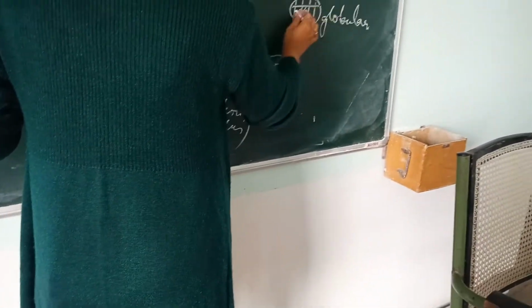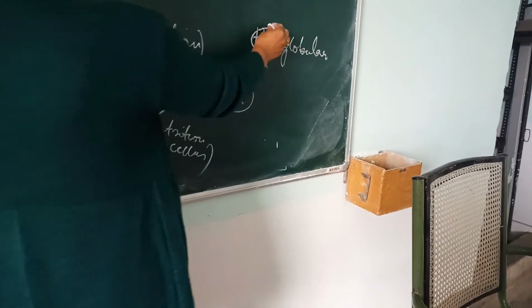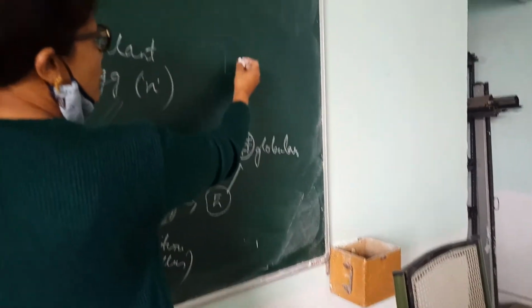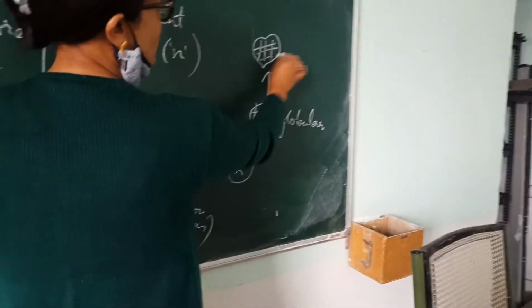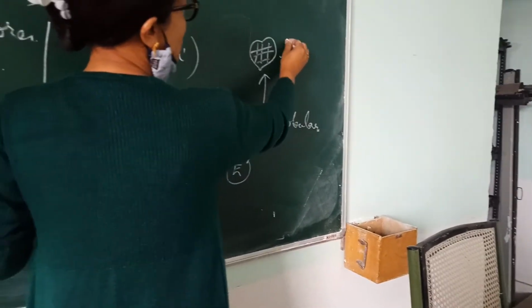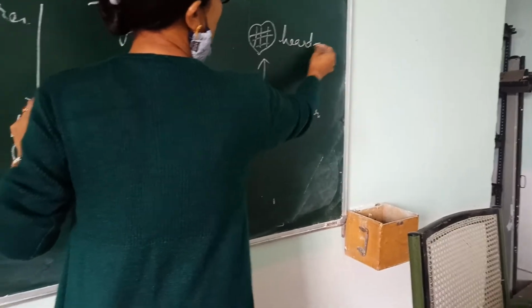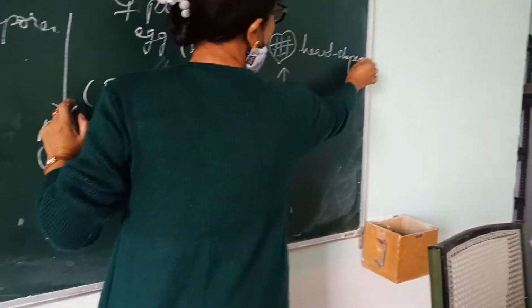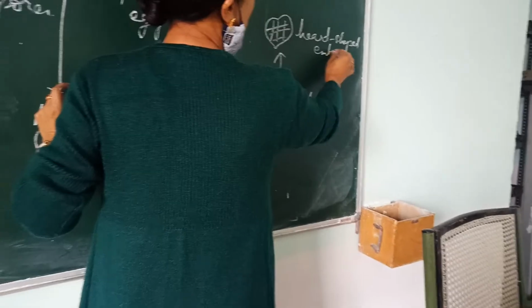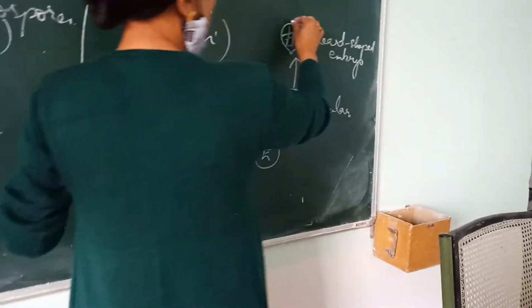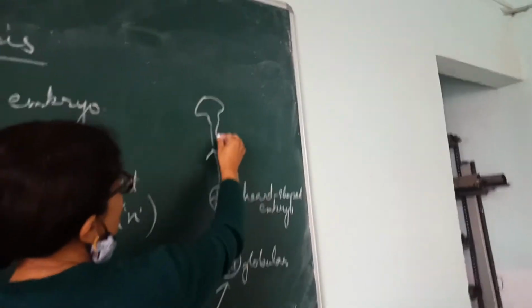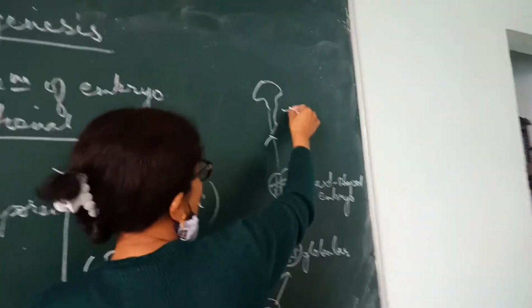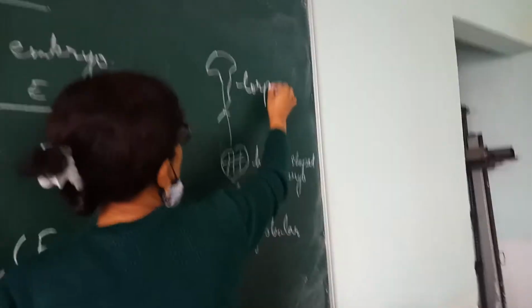Embryo is round in shape, globular embryo. Then this embryo will undergo another stage, and this is called the heart-shaped embryo. Then it will go through another stage, and that stage is known as the torpedo stage.